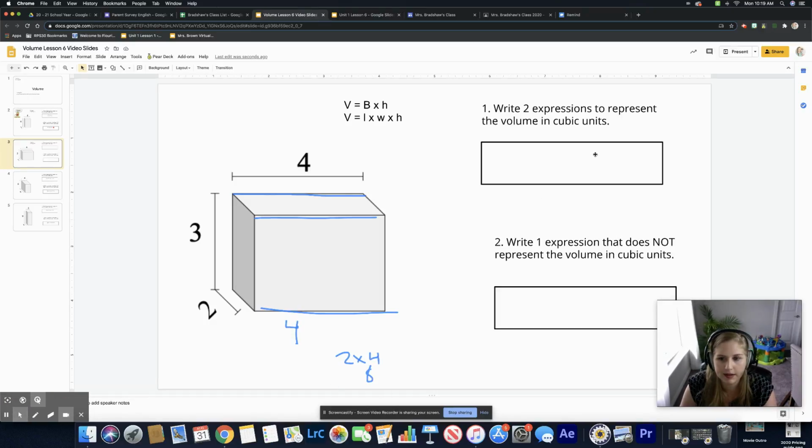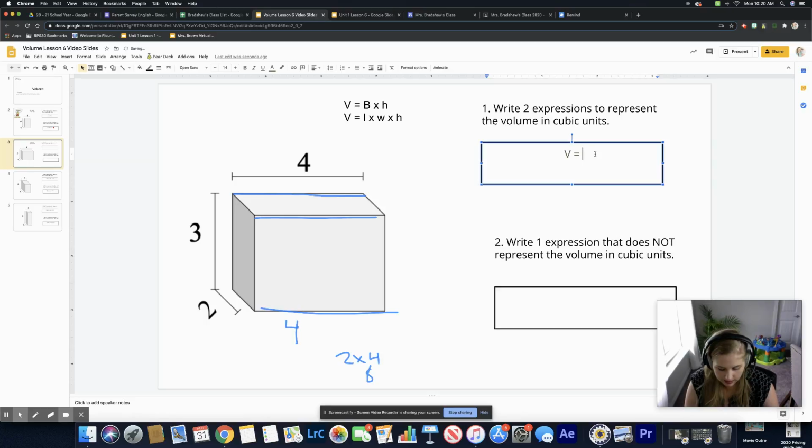So I can type in here, volume equals a base of 8 times my height, which is how tall it is, how many layers, is 3. I could also say volume equals my length, 2 times 4 times 3, length times width times height.